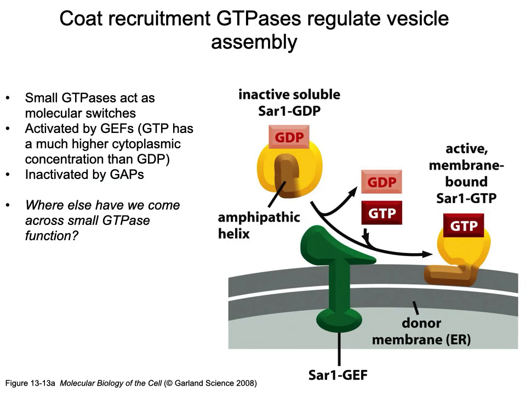So this process of coat recruitment is regulated or assisted by GTPases. GTPases are going to provide the GTP, the energy which will allow for these subunits of Clathrin and coat proteins to come together to form that kind of cage.